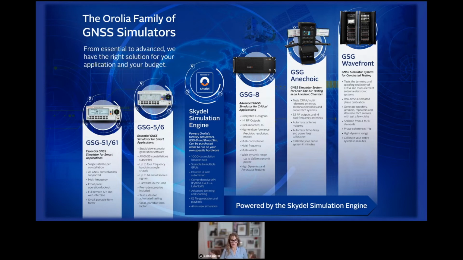By channels, we mean satellites and signals that you see. So it's a very different architecture than the Skydel simulator. The GSG 5 and 6 have traditionally been used for some automotive and those types of applications.